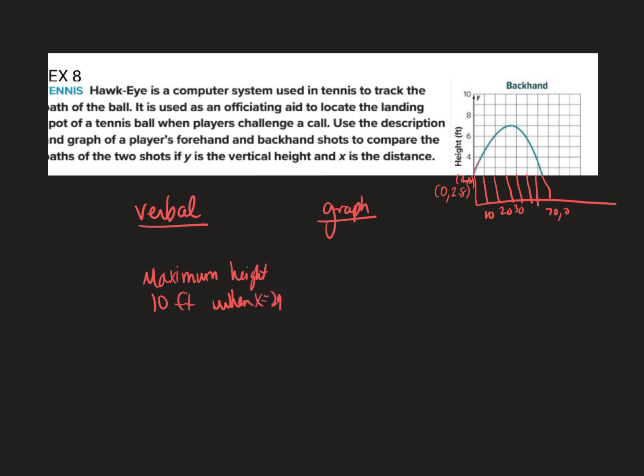Is that the maximum height here? The maximum height here is 7 feet when x equals 35. Because see, this is where it's occurring. 7 feet when x equals 35. And my graph is kind of crooked, so it's hard to tell there. So that's a big difference.